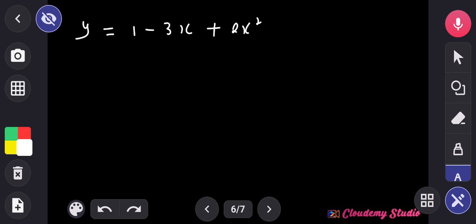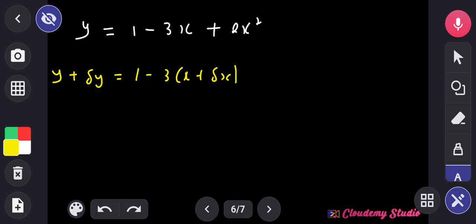What we're just going to do is first take the increment on both sides. That will be y plus delta y equals 1 minus 3 into bracket x plus delta x plus 2 into bracket x plus delta x squared.